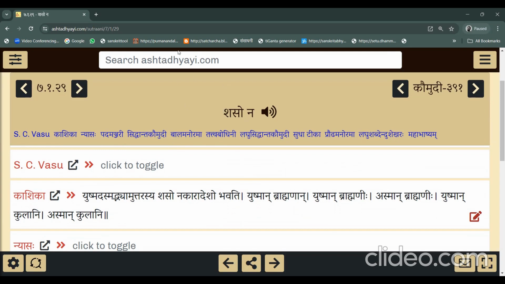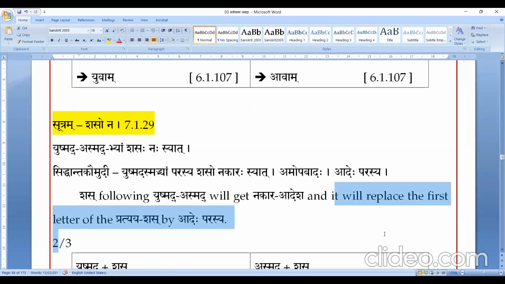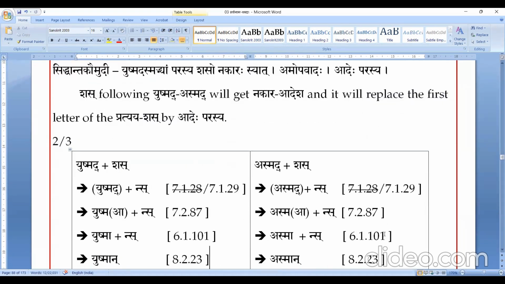The Shas following Yushmad or Asmad will get Nakara Adesha, and it will replace the first letter of the Pratyaya Shas. After removing the letter Shakara, the Akara will be replaced by Nakara. So Yushmad plus Shas.